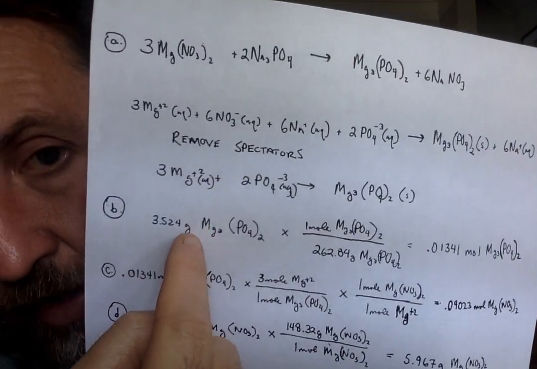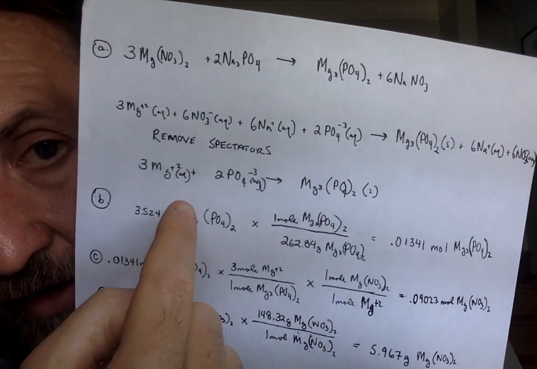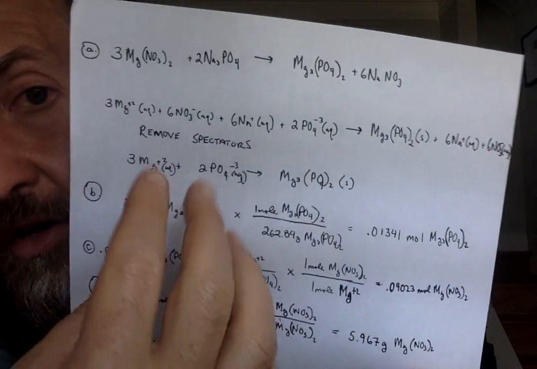That's why we have 6 here and 6 here, because the overall charge to get our right formula is going to be +6, because we need 3 of those magnesiums and 2 of the phosphates. So to balance that out, we need 6 sodium, which is a +1, and 6 nitrates, which just happens to be a -1. That's why we need 6 of both of them.